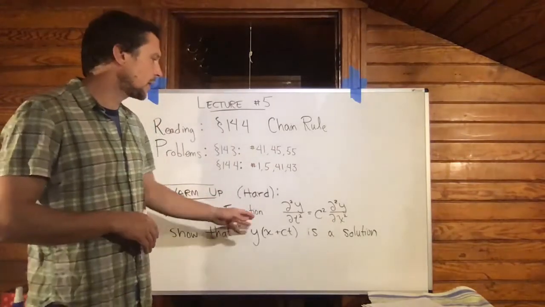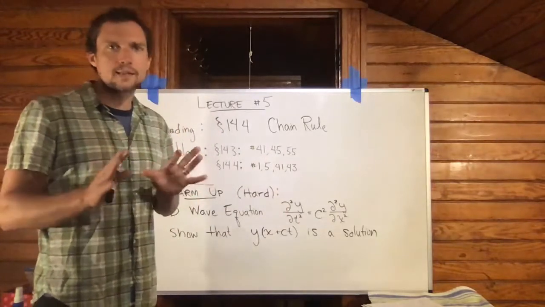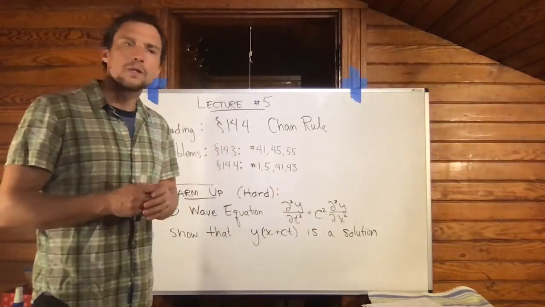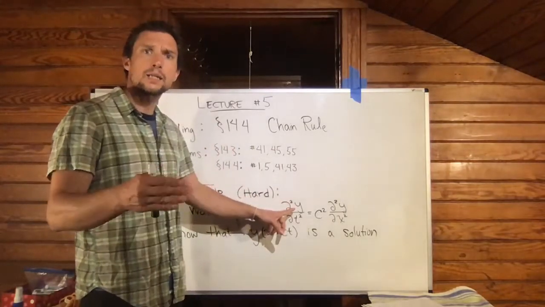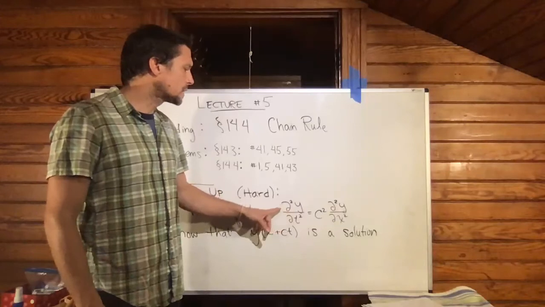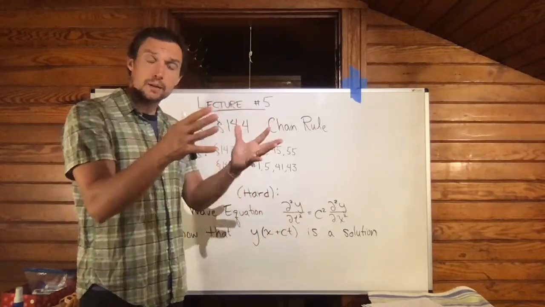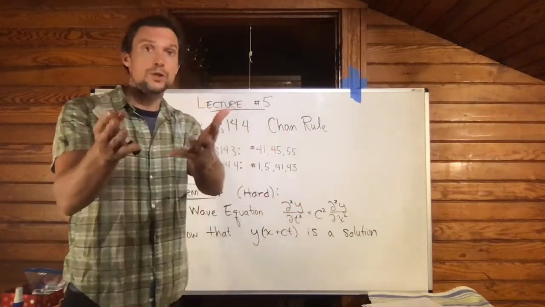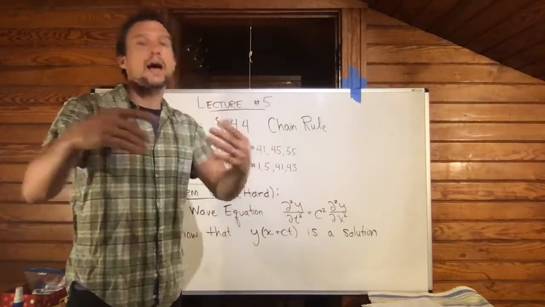First, I haven't told you how to deal with multiple partial derivatives, but really that's pretty straightforward. So y here is a function of x and t. And so if I want to take the second partial derivative with respect to t, I just take the partial derivative with respect to t, which you've done and know how to do. And then whatever I get, I just do that again.